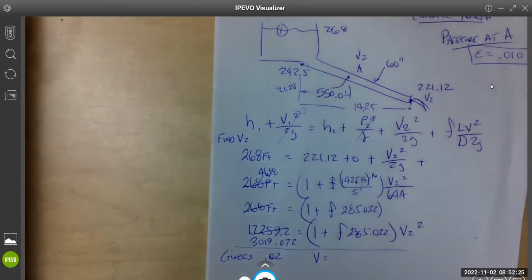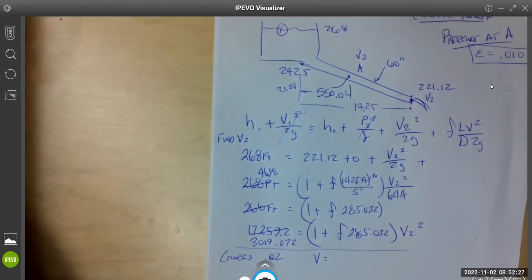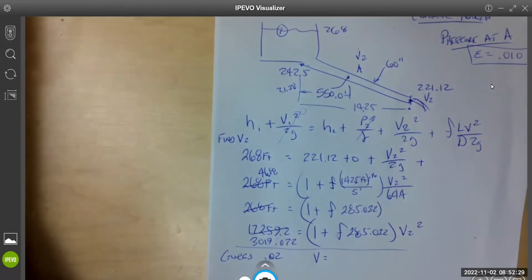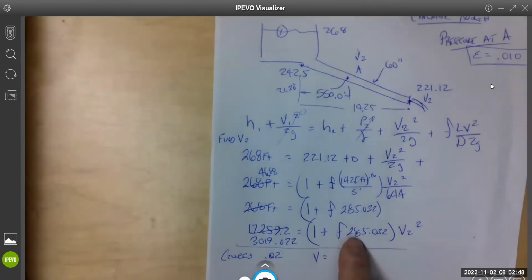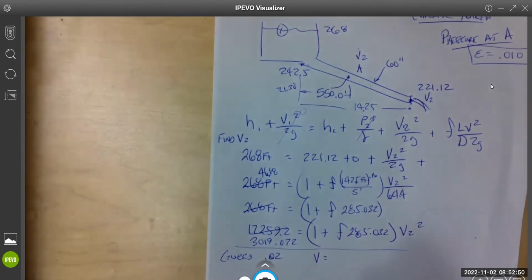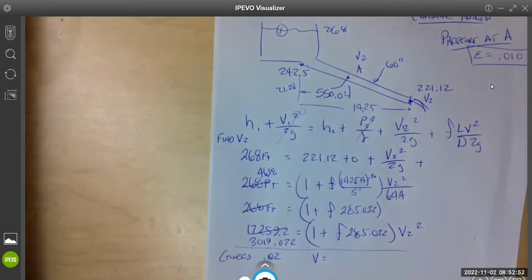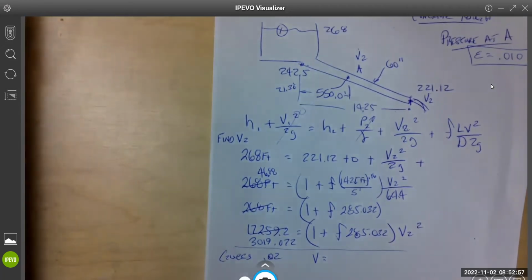You square root. 0.02 times 2.032 equals, plus 1. So I got 6.70064.